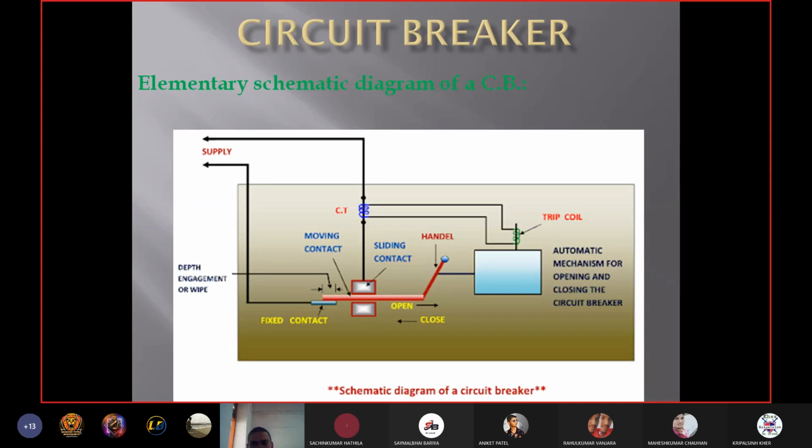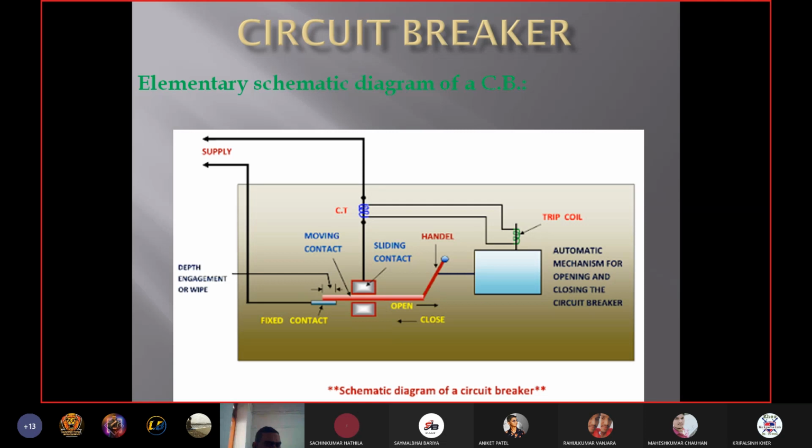Now we assume here the CT is connected, so this CT senses the current. In normal condition, the current flowing through this wire or the circuit is normal. So the current sensed by the CT is also normal.